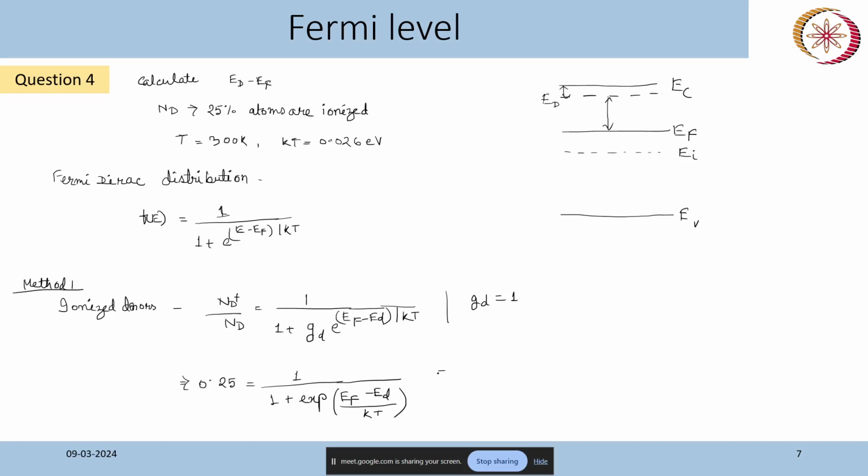Now we can calculate EF minus ED from this expression. So exponential of (EF minus ED) by kT will be 1 by 0.25 minus 1. We can calculate this and then take the log, and get the final EF minus ED expression. kT is 0.026 electron volt. So I'll solve this first.